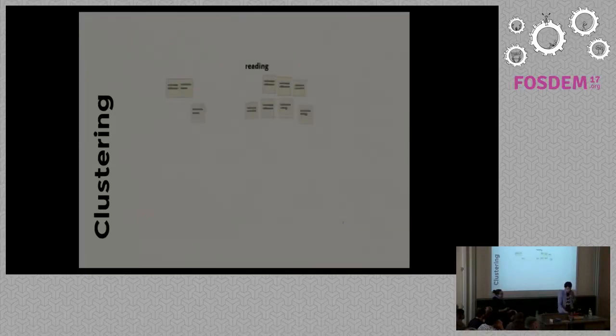Then you start to put them up, and you put up more and more, and then you see some share similarities, and you already maybe have some headlines for them, and then over time you also improve the headlines.